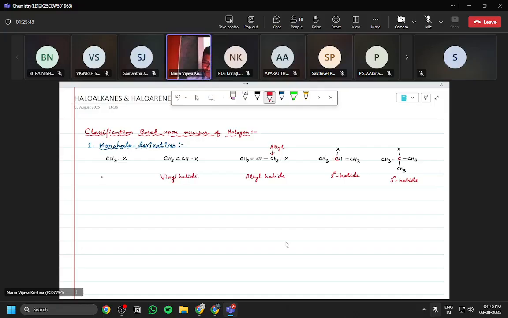This one, methyl halide. Hybridization of this carbon: sp3, sp2, sp3, sp3, sp3.